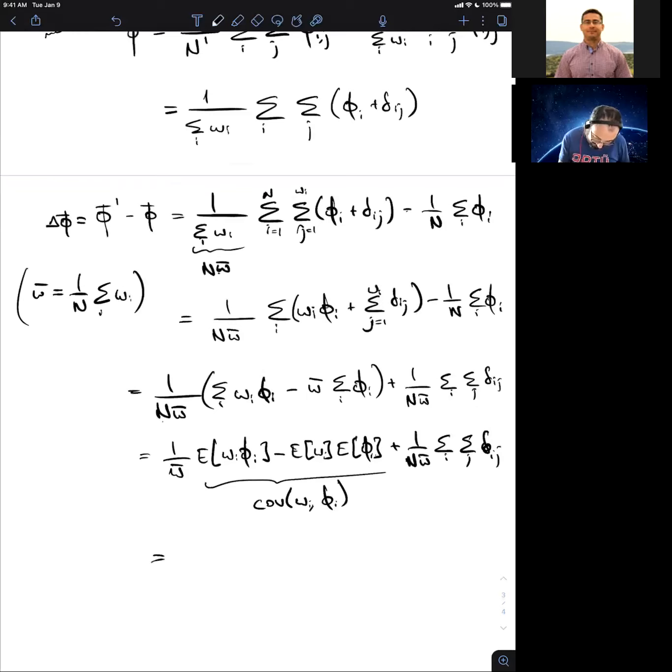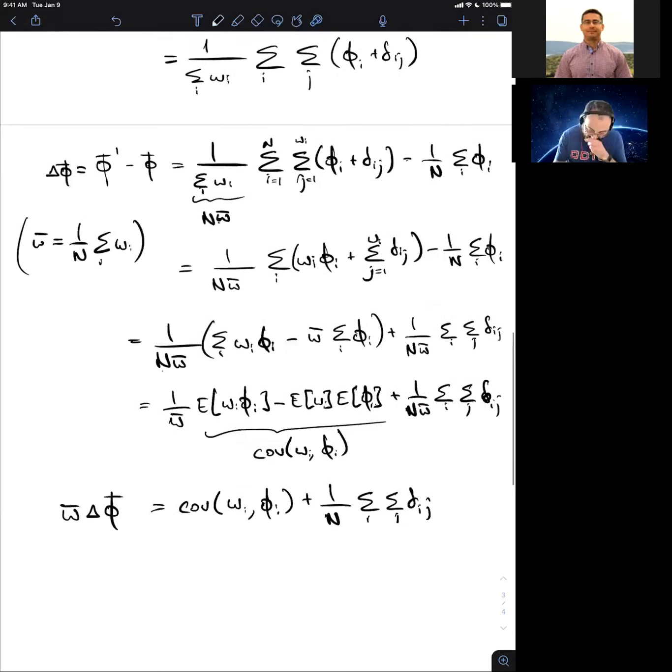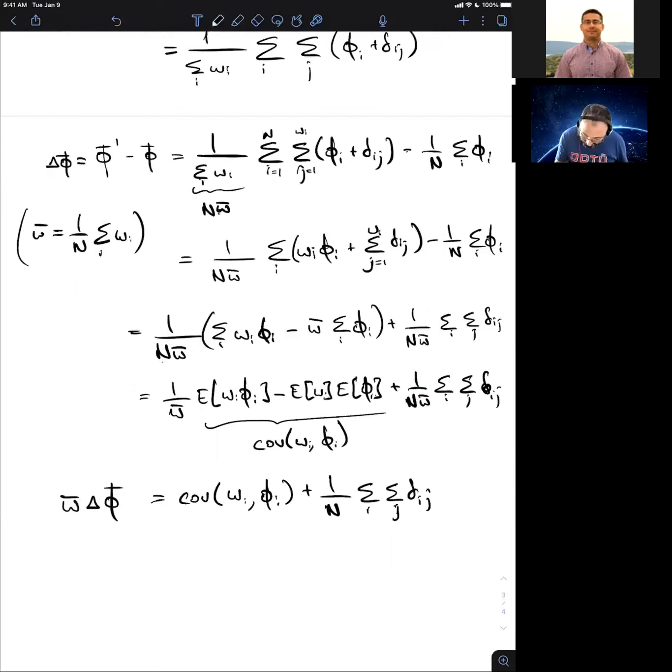Let's write this term: delta phi bar, and in fact let's put this W bar on the other side. Let's multiply everything by W bar here, so we get rid of this W bar in the denominator. So W bar times delta phi bar is the covariance between Wi and phi i, plus this is going to be some sort of expectation, but we'll see what it is. We need to do a little more surgical algebra there. It's the sum over i and j of delta ij.